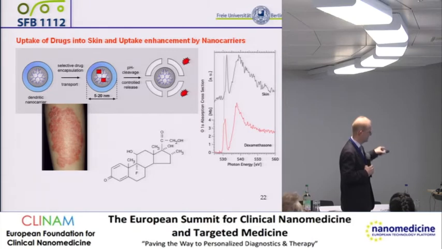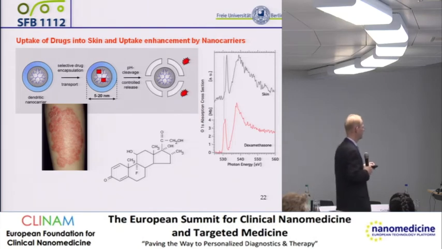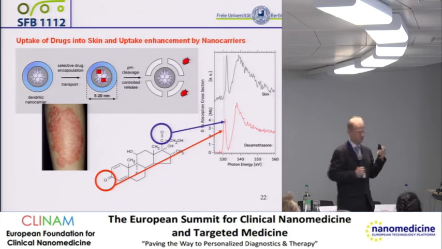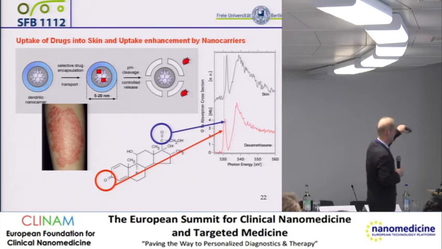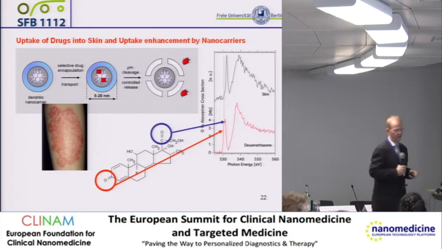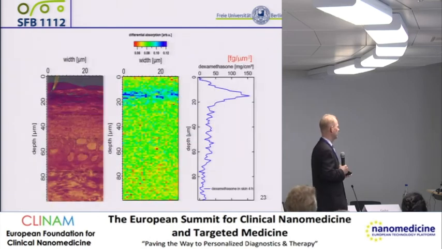This is excitation at the oxygen K edge, and you can easily distinguish, as you see here, from the resonance of the oxygen 1s to the pi star level, that the dexamethasone can be easily distinguished from the skin. We can even distinguish different oxygen sites. They have different absorption energies. So if you sit on this red oxygen here in the dexamethasone, then you have no interference with the skin, and you get pure chemical contrast.